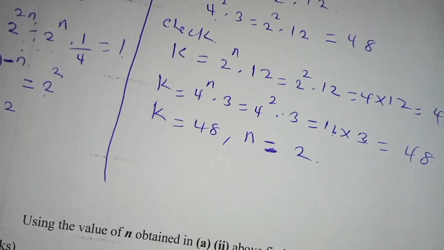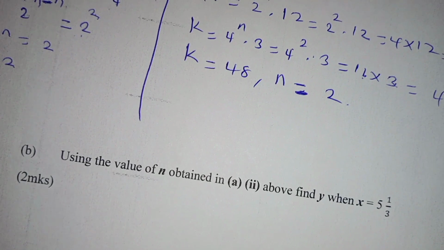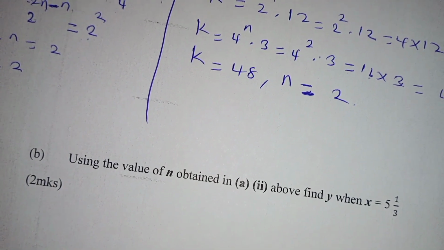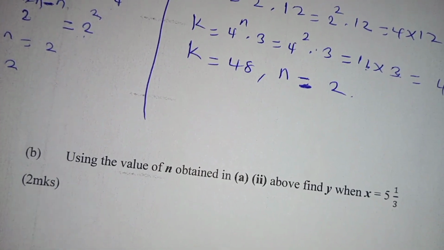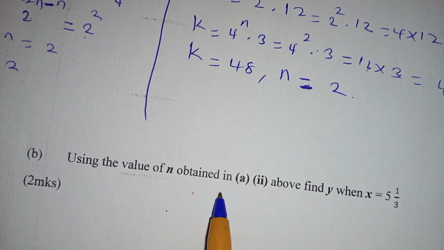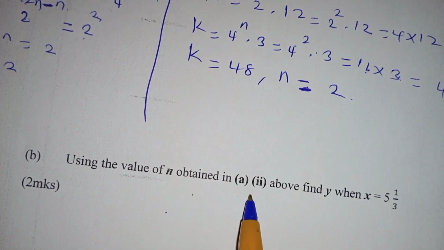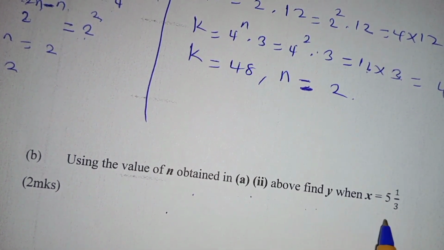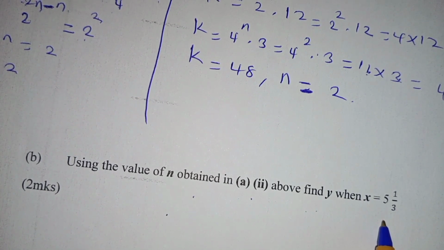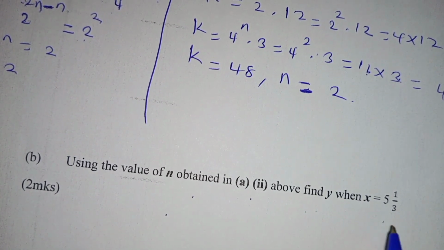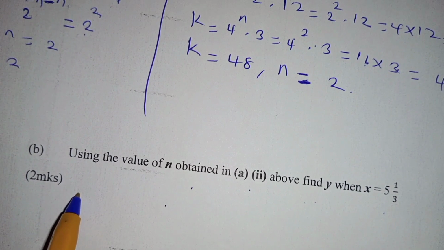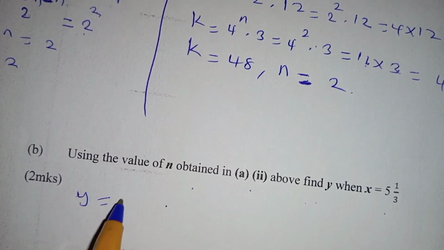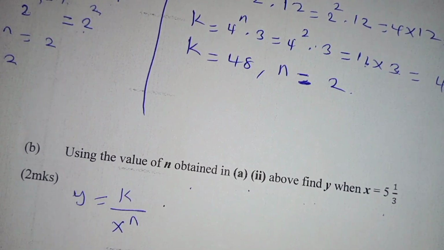Now, finally, the other part of this question, you are told that using the value of n obtained above, find y when x is equal to 5 and 1 over 3. Now, remember our equation was y is equal to k over x power n.